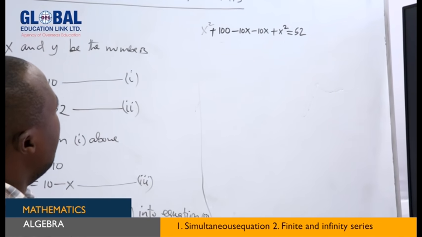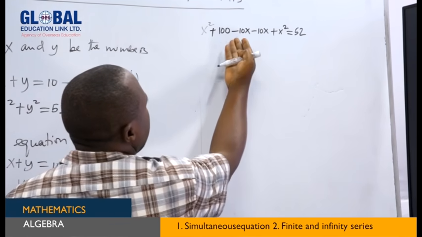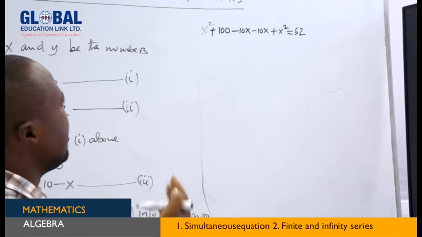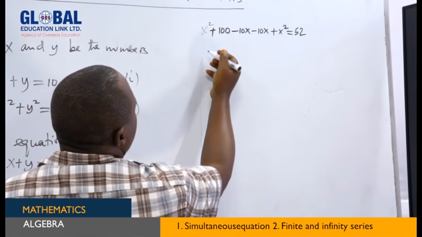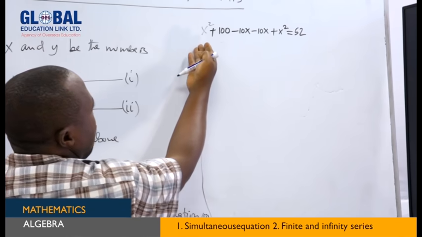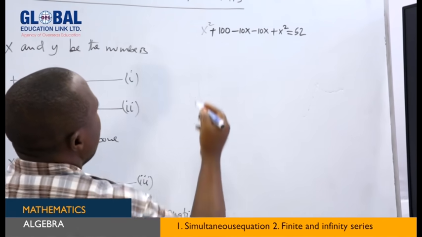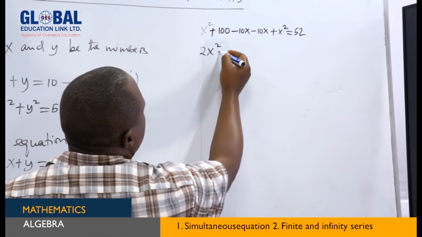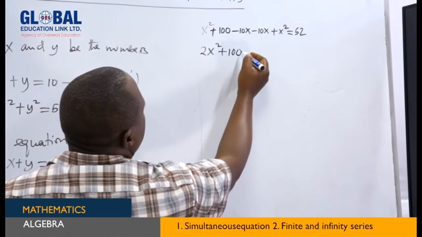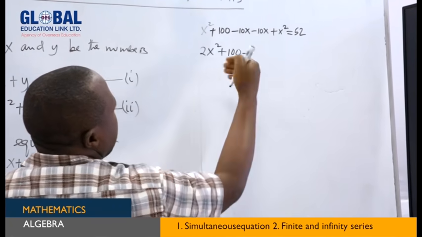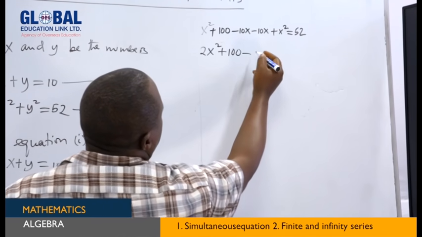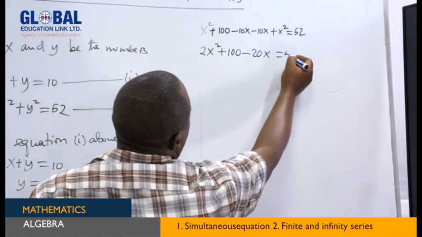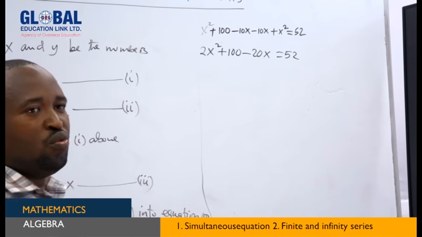Now, my dear student, we have negative 10x and negative 10x, so we just add these terms. We start with x squared plus x squared, which is 2x squared, then plus 100, then minus 20x, which is equal to 52.